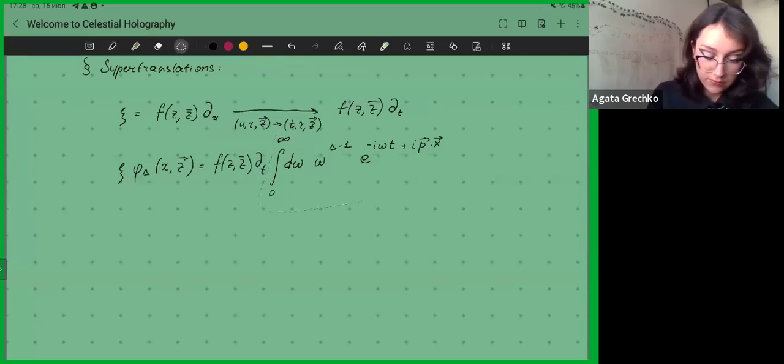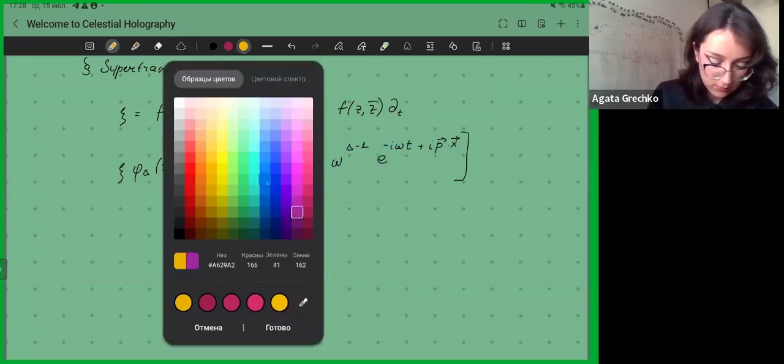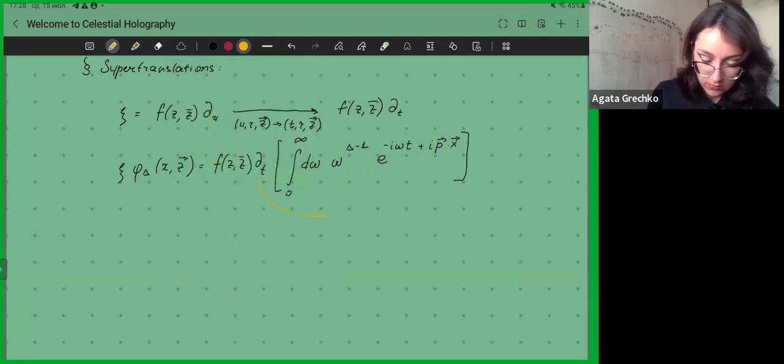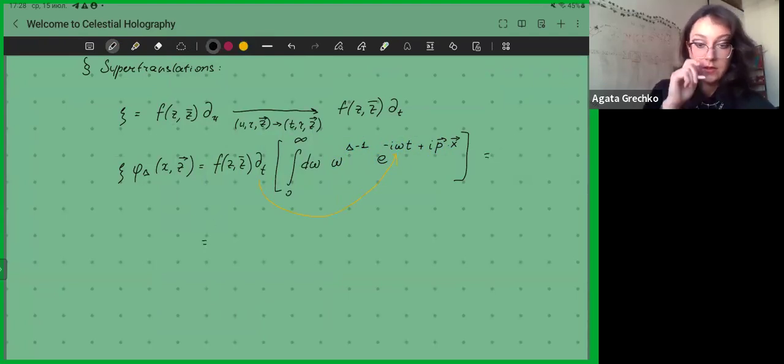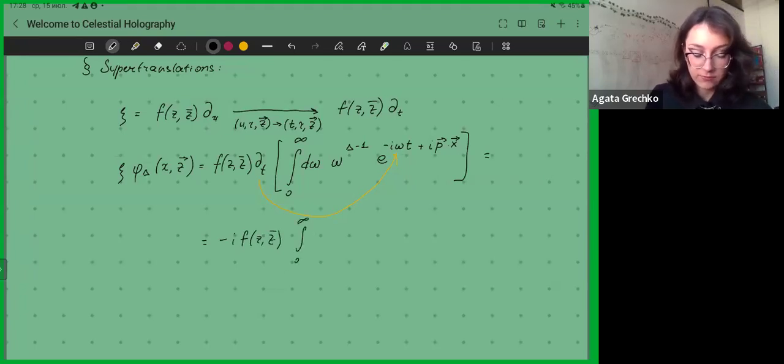Here, this derivative over t will only fall on the plane wave again, and it will give us the energy in front of the exponent. The only difference is that now it's not just some vector q. Here, this factor can be basically any function on a sphere depending on z and z bar, right?